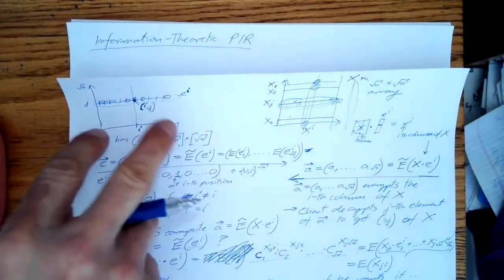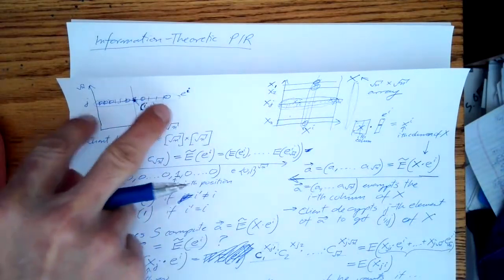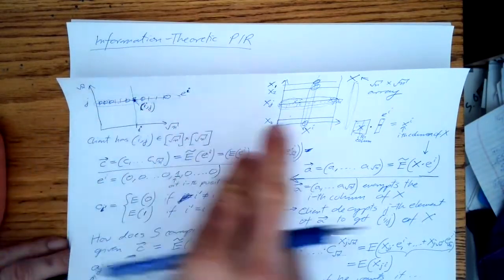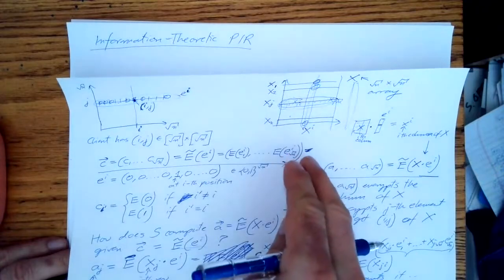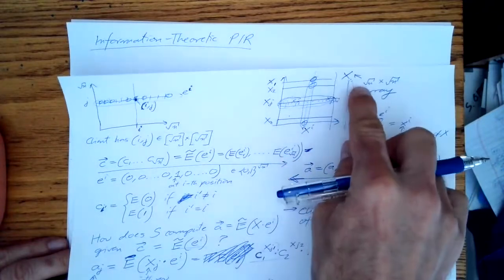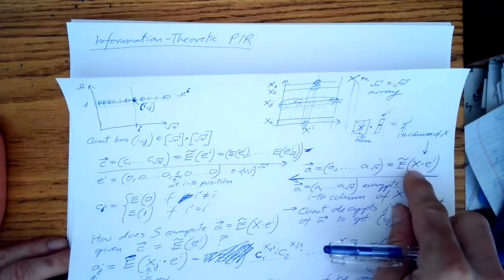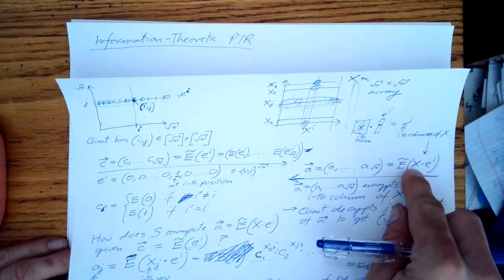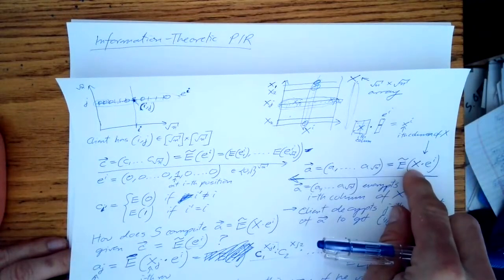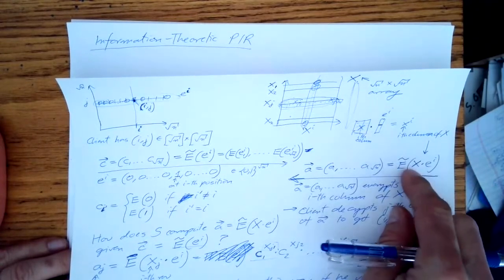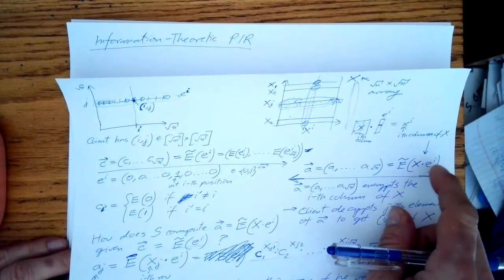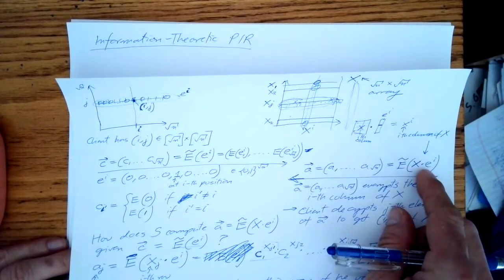The client chooses an indicator vector, and what he wants to get out is the result of the array, the array representing the server's database, multiplied by this indicator vector.